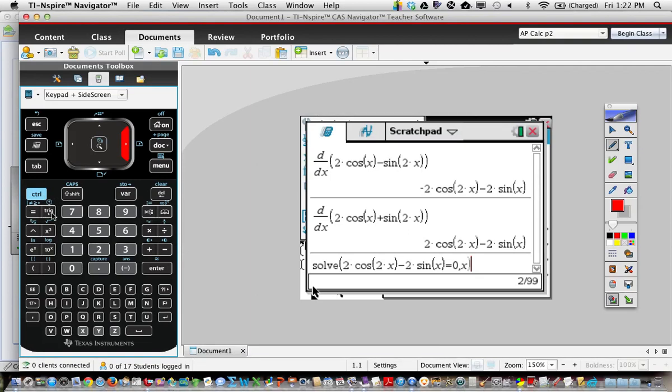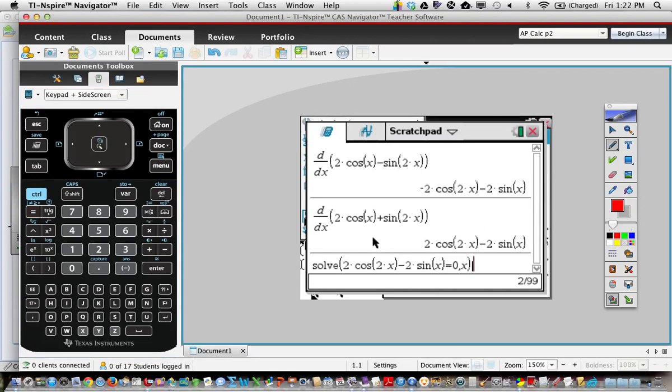Then this problem is limited from where to where? 0 to pi. So we go in here, control and the equal sign, and that brings up this vertical bar, which is not absolute value. It means with or such that. And we want to do it with the condition that x is between 0 and pi.